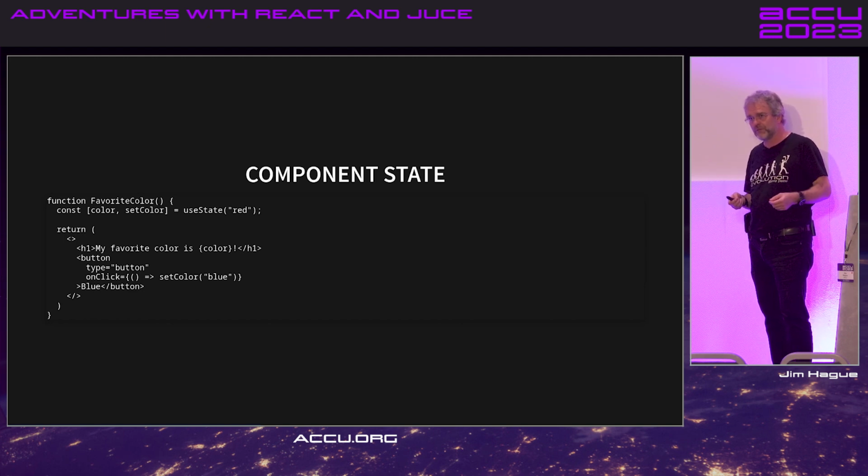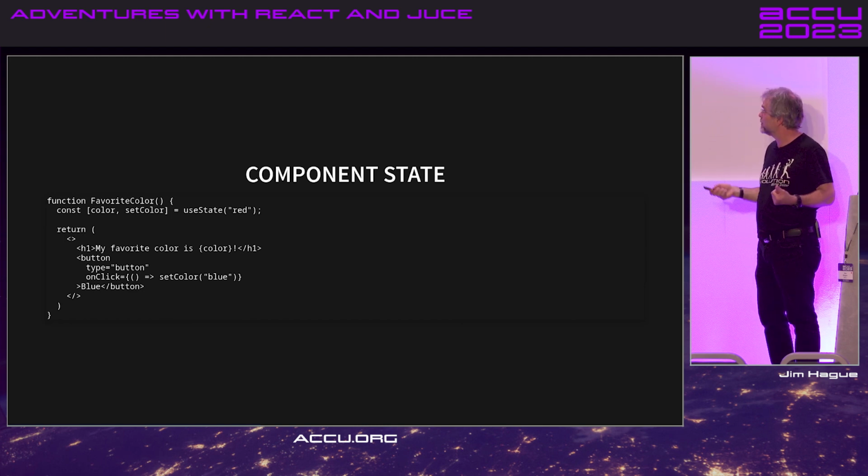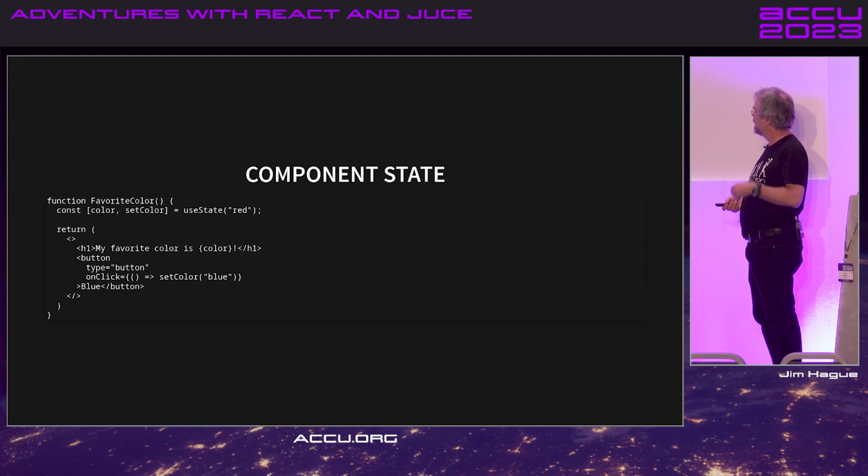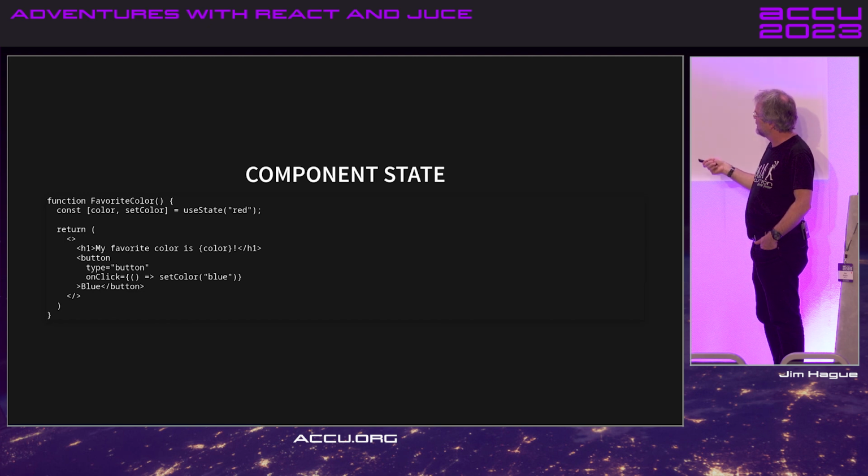The first one will retrieve the current value of that state item, and the second one lets you update that state item. And so what's happening here, okay, this is a little React component that will return my favorite color is red, show you a button, and when you click on the button, it'll change red to blue in what it's showing you.